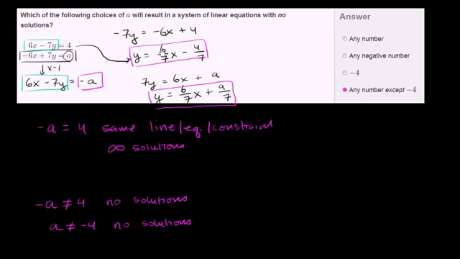So they definitely already have the exact same slope. If a is equal to -4, then these are going to be the exact same equations. They're going to have the exact same y-intercept. You're going to have an infinite number of solutions. On the other hand, if a is anything other than -4, you're going to have a different y-intercept, and these two lines are just going to be parallel.